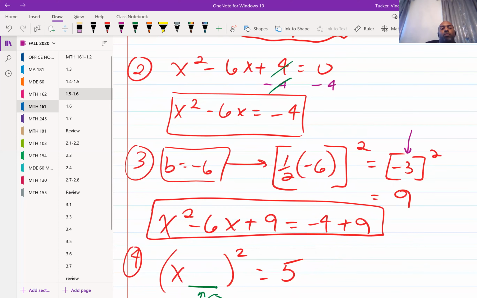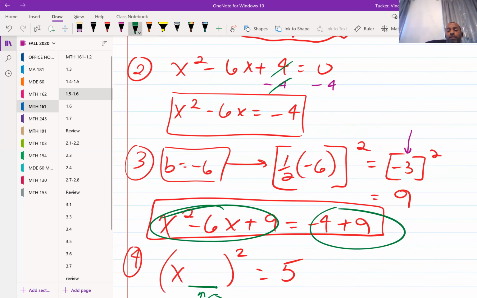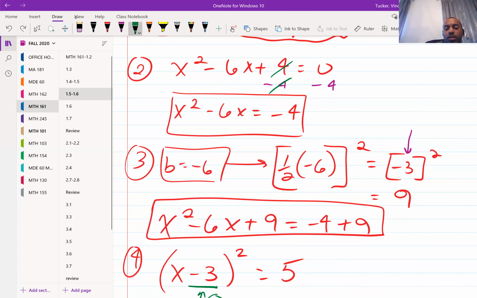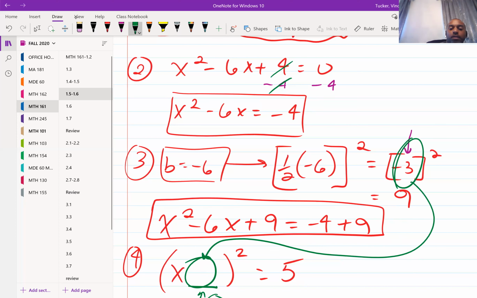All right, so now what we should have right here is a perfect square trinomial. And then on this other side, we should just have numbers that we're either going to add or subtract from each other, depends on what's going on. So -4, before I go there, right here, if you have trouble factoring, the way this always works is whatever half your b term is, that's what will go right here.